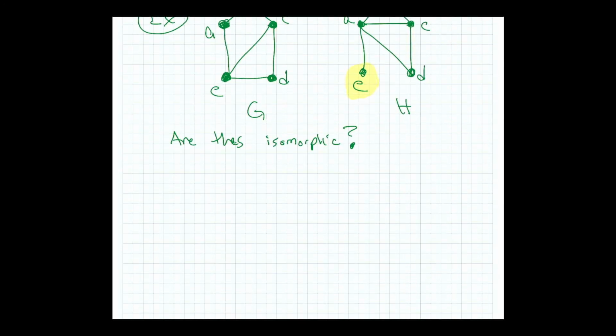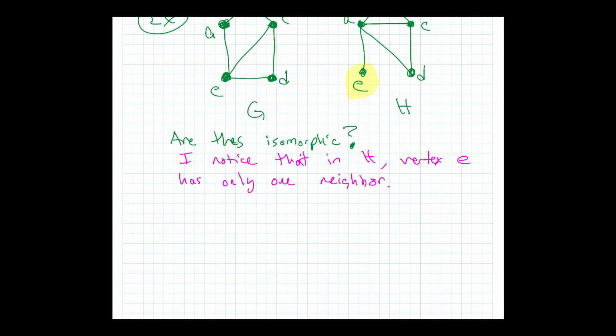So I notice immediately that in H, vertex E has only one neighbor, but no vertices in G have only one neighbor. Right? So that's a big deal.